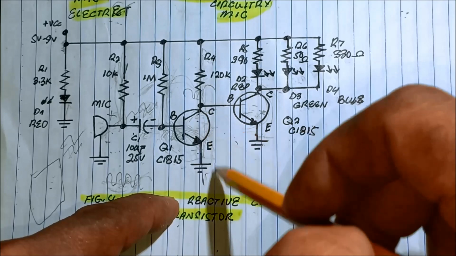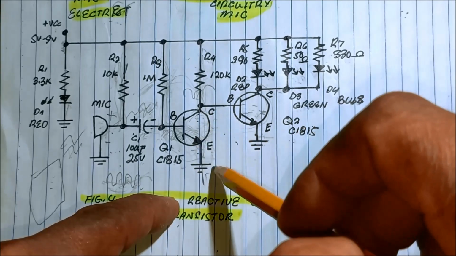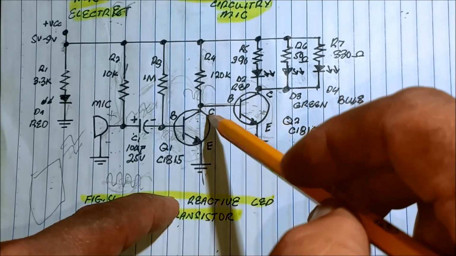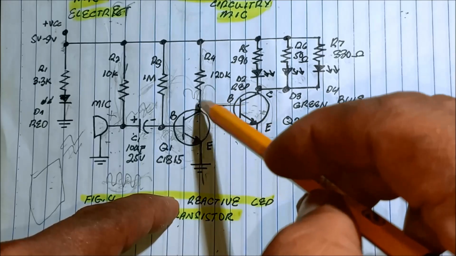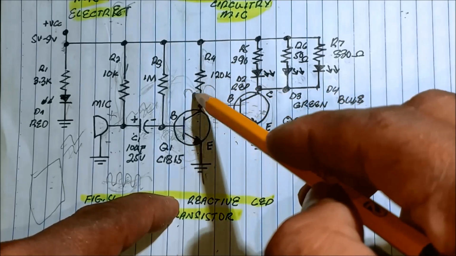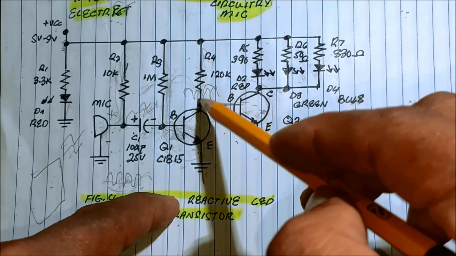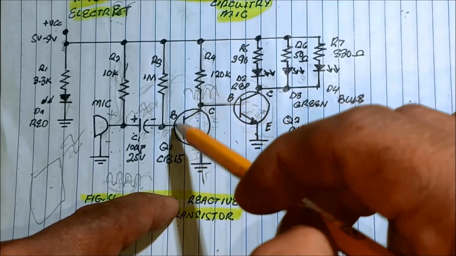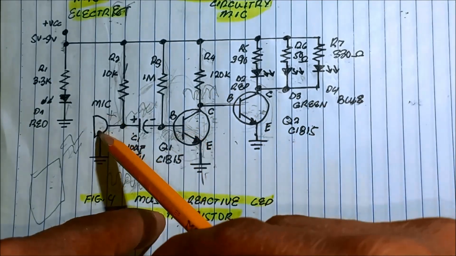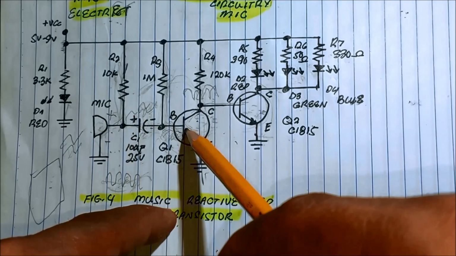Since this transistor is a common emitter type configuration, the output is taken from the collector side of the transistor. So it will produce a bigger waveform, or it will amplify the signal coming from the mic.